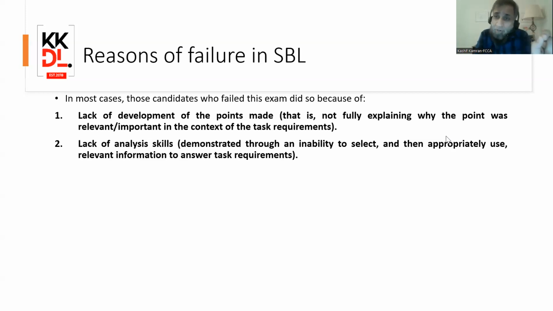Number two, lack of analysis skill, demonstrated through an inability to select and then appropriately use relevant information to answer the task required. Analyzing something, evaluating something. If you are not absorbing the case with the task requirement, you're not selecting the information in an appropriate manner, because there is load and load of information given in the case study.